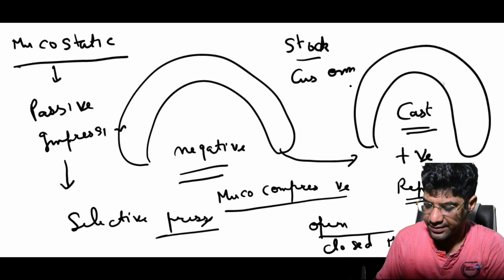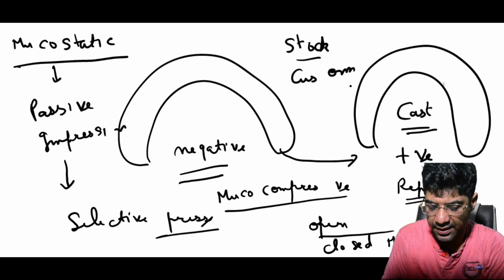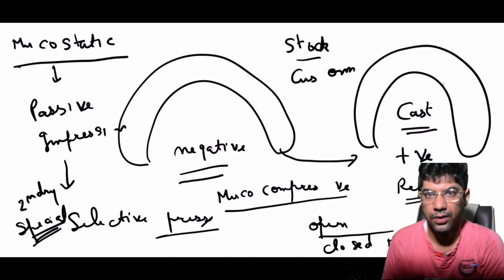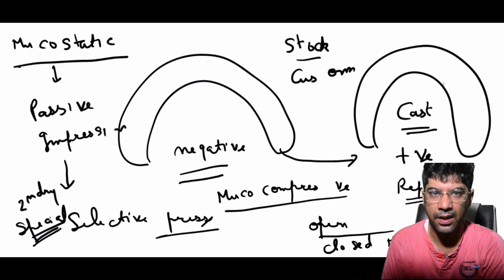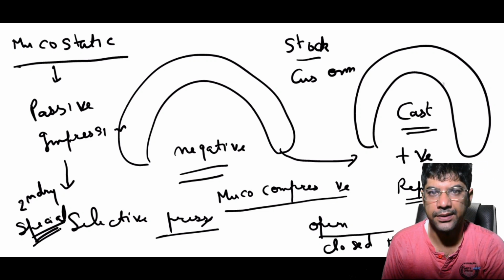Thus, remember, the secondary impression is taken with a special tray to obtain a more secure final model. According to the material used, we can classify it as reversible hydrocolloid impression or the irreversible hydrocolloid impression.